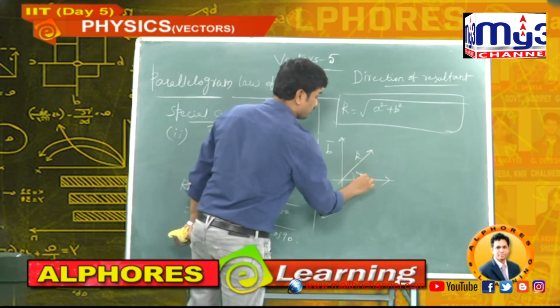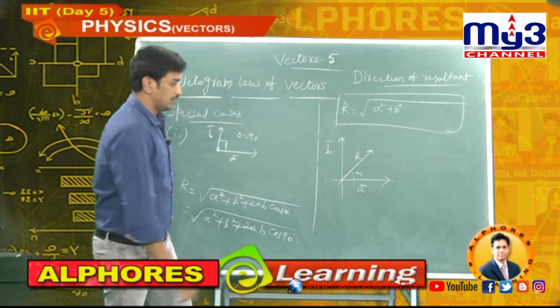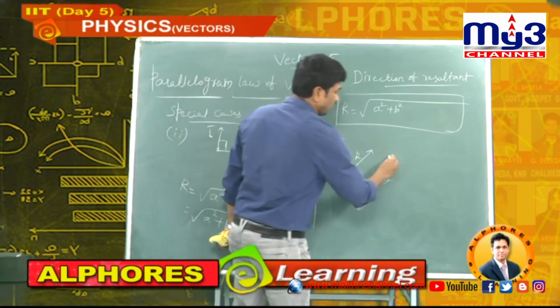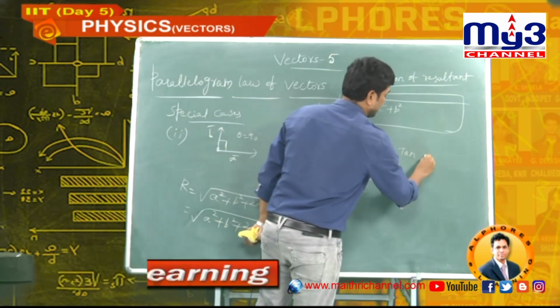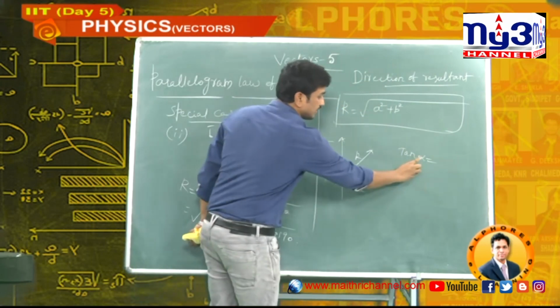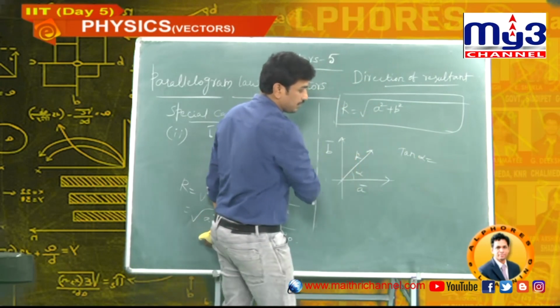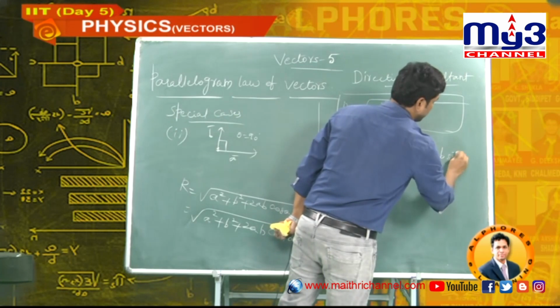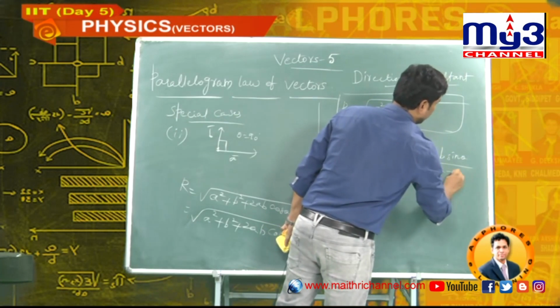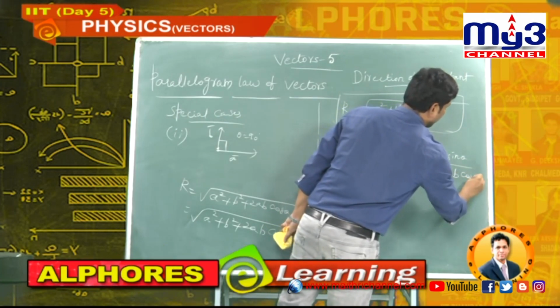Now this is alpha, you know that. Now what is our formula? Tan alpha. Alpha is angle made by the resultant with A bar. B sin theta by A plus B cos theta.